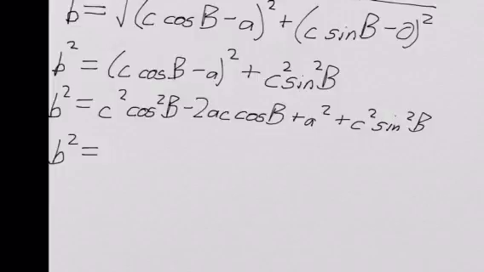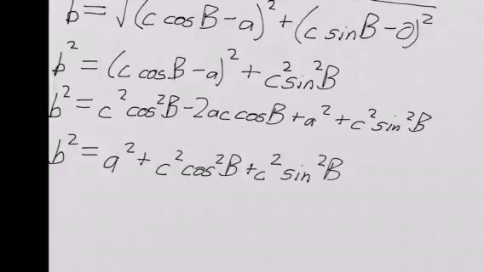And basically the order I'm putting this in will be standard order that you'll usually see the law of cosines written in. I'll go a squared plus c squared cosine squared B plus c squared sine squared B minus 2ac cosine B.